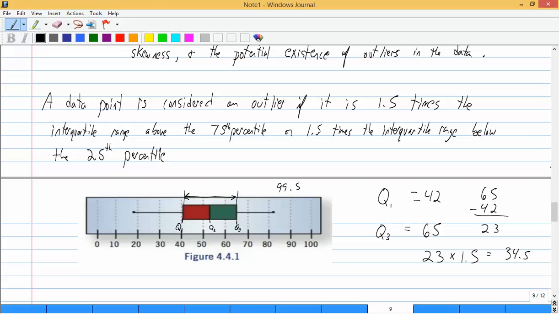And then if you subtract 34.5 from 42, you get 7.5. And so if any data item is less than or equal to 7.5, or greater than or equal to 99.5, then it would be considered to be an outlier. So that's how you can use the interquartile range to tell if you have any outliers in the set of data.